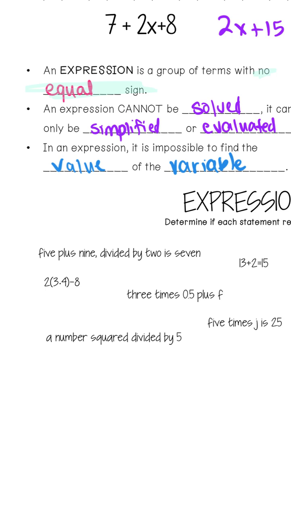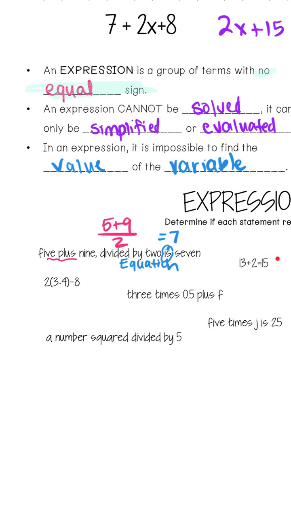What that means is it's saying this thing is equal to 7. If it has an equal sign, that means it is an equation. If I wanted to write out what this looked like, that's 5 plus 9, and the whole thing is divided by 2 equals 7. Remember, we show division with a fraction bar now.